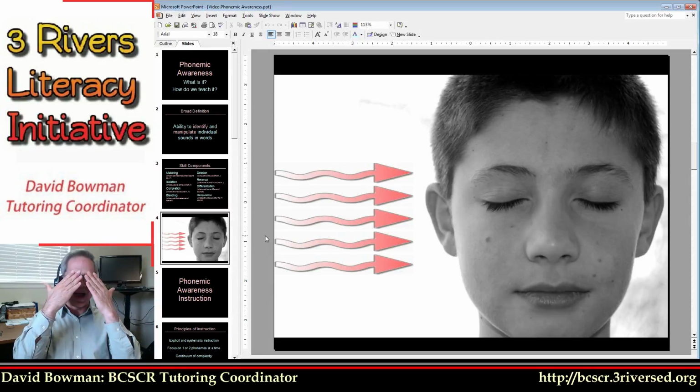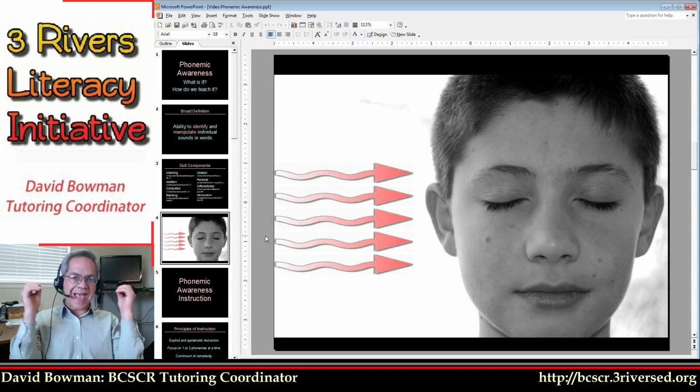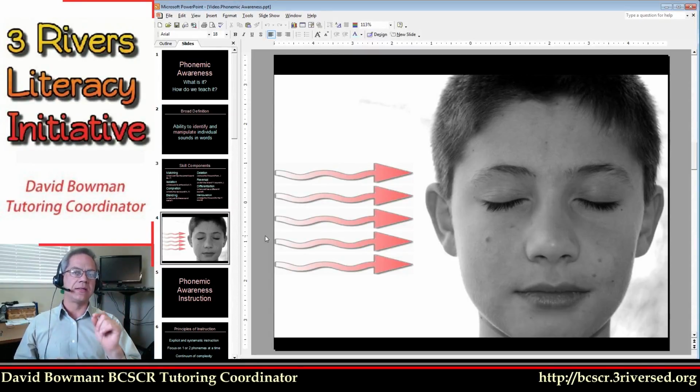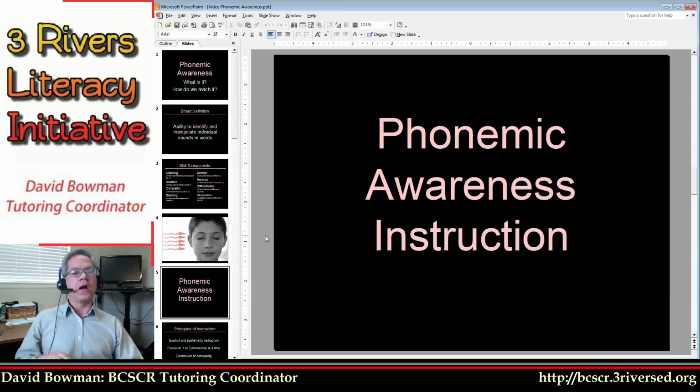If you can do it with your eyes closed, chances are what you're doing is phonemic awareness, because you're just thinking about the actual sounds in your ears or in your headphones. You're not looking at the letters on a page. It's just the sound. So if kids are doing these behaviors and they can do them with their eyes closed, that's phonemic awareness.